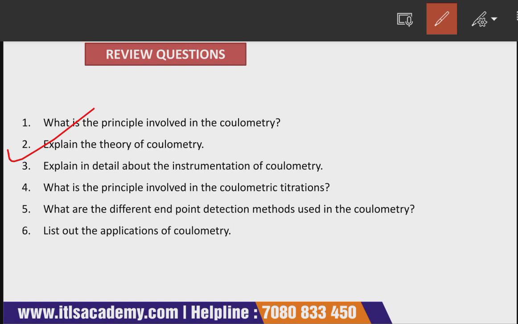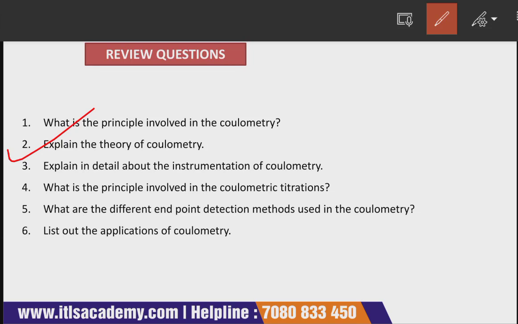So what is the theory of colorimetry? Since it is a very lengthy topic, I'll make a separate lecture on the theory of colorimetry, so you can go and relate to that lecture.